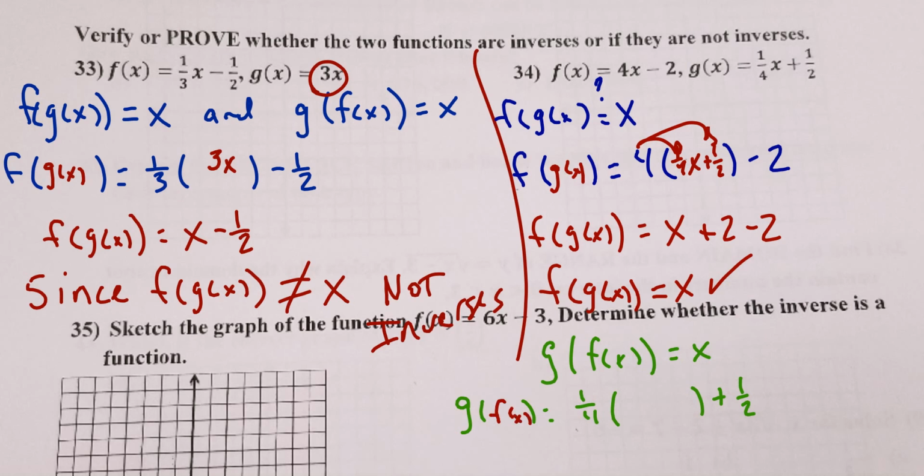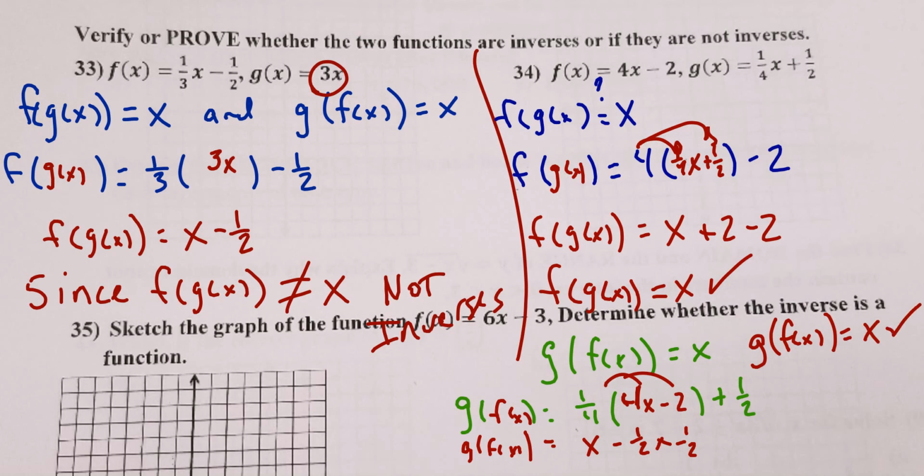And f of x is 4x minus 2. I distribute. I get g of f of x equals x minus 1/2 plus 1/2. Those cancel, so g of f of x does equal x.